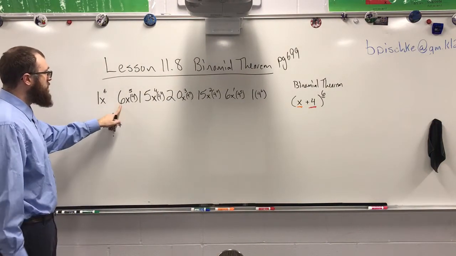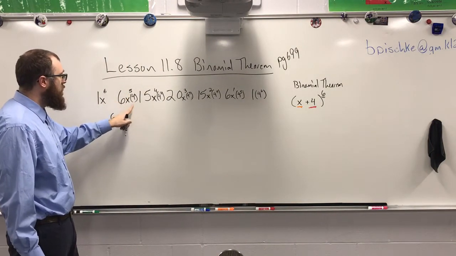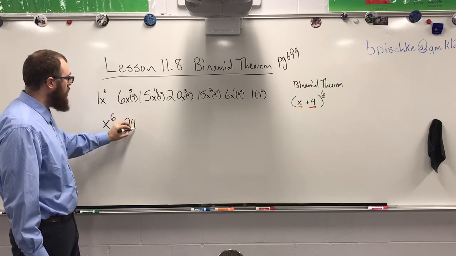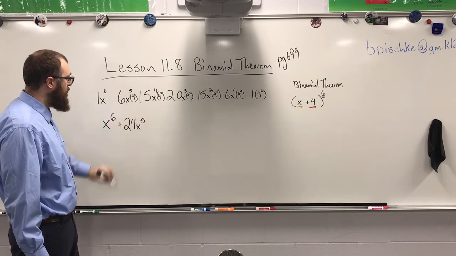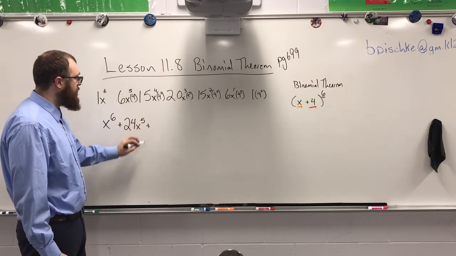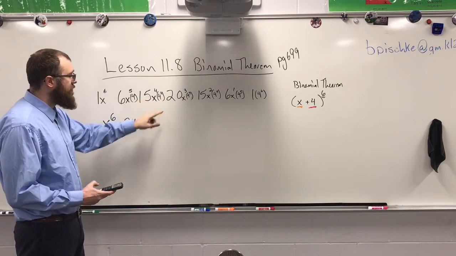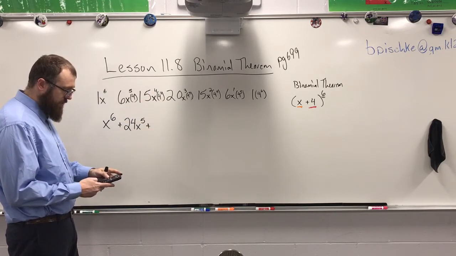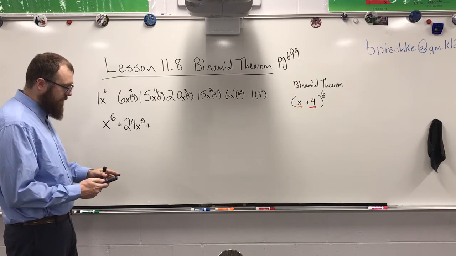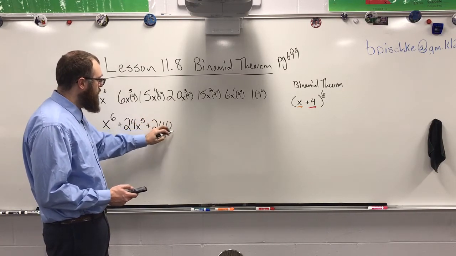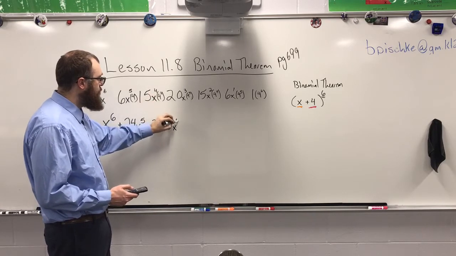My next term says 6x to the 5th times 4. Well, 6 times 4 is 24, so that becomes 24x to the 5th plus. The next term says 15x to the 4th times 4 squared. 4 squared is 16, so I have 16 times 15, which is 240x to the 4th.